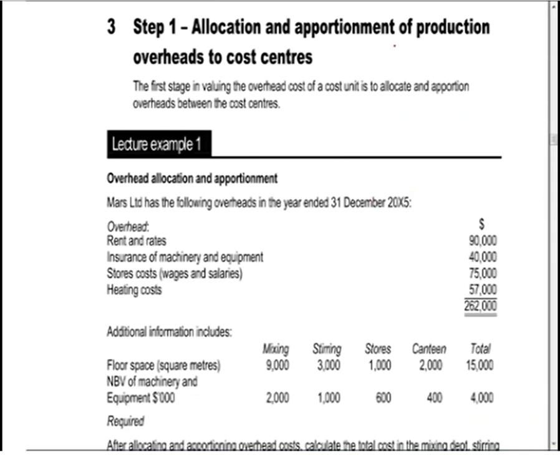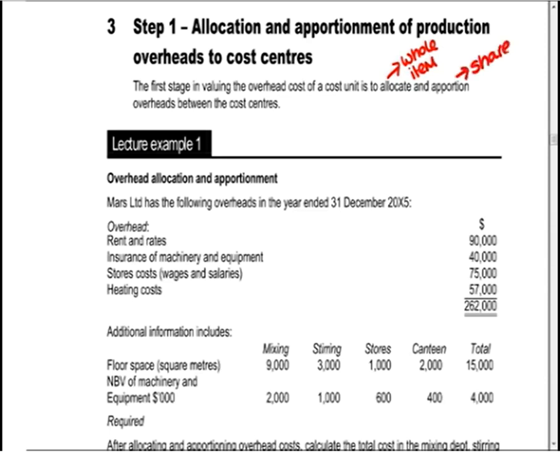So when do we allocate and when do we apportion? Well, we allocate if it's going to be the whole item. For example, the chef's wages would be entirely allocated to the canteen cost centre.